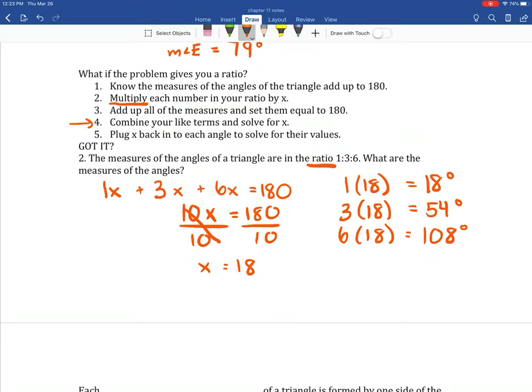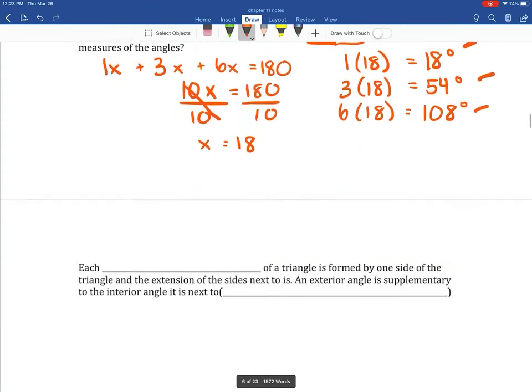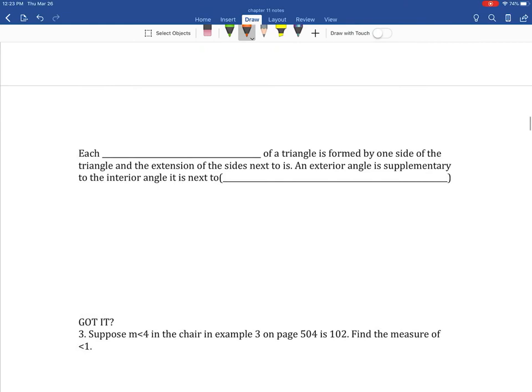So I solved for each of them, even though I was only given the ratio of 1 to 3 to 6. So now I could divide out 18 from each of these answers and find that I get 1, 3, and 6. So it's just working backwards. Instead of simplifying, we are expanding it out to find the measure of each of those angles.